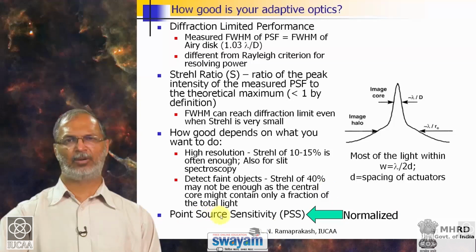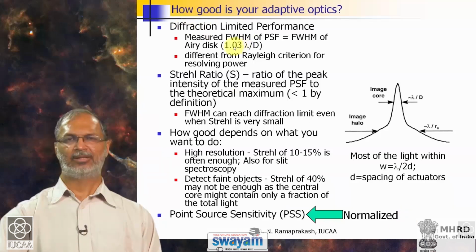When you finally, what you are trying to define is what is the point source sensitivity you can achieve with your AO system, and compare that with what can be achieved with an ideal system working above the atmosphere, and that would be a good measure of the AO system. So, there are three measures.